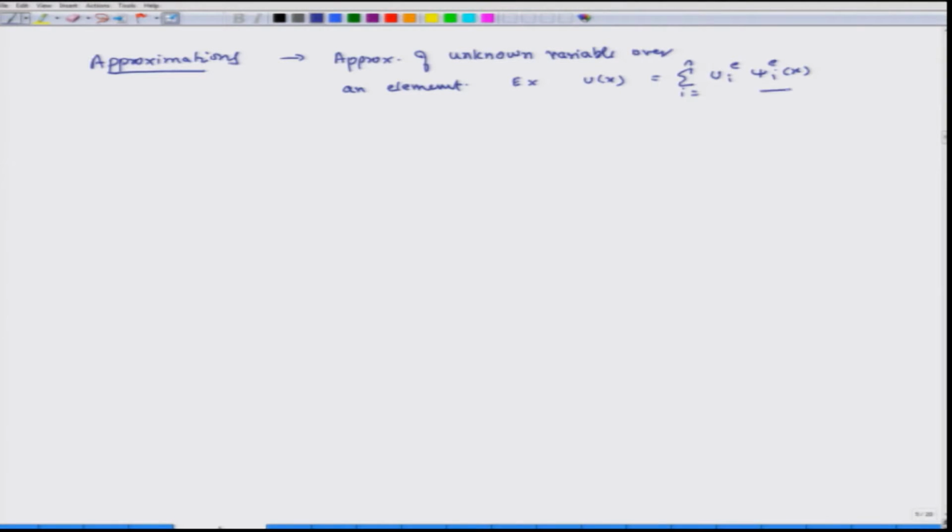So, these are approximation functions. So, here psi_i is the approximation function for u, which is the unknown variable, and associated with ith node.